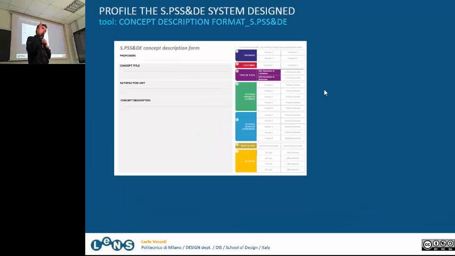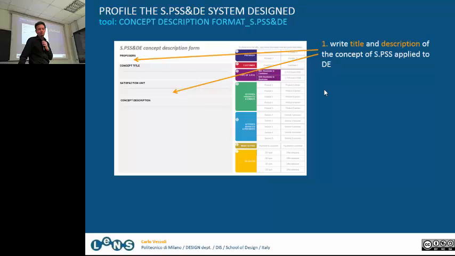And then when this is made, since it's a mess of ideas, okay, you have a profile and so on, you clean it up a little bit. So we have another very easy format, which is called the concept description format for SPSS applied to DA. So it's simply that you write the title and the description of the unit of satisfaction.